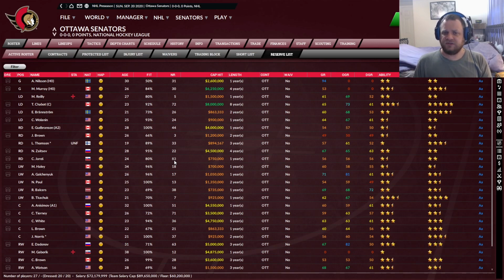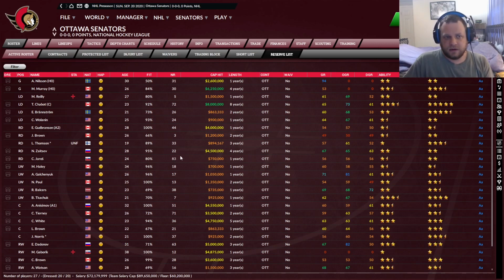So usually it's 3 years, and then the salary cap hit depends on a few factors. Sometimes you're going to see an entry-level contract of 2 years. That's usually the American college players because they're older, and they can get to unrestricted free agent status at around the same age, basically.